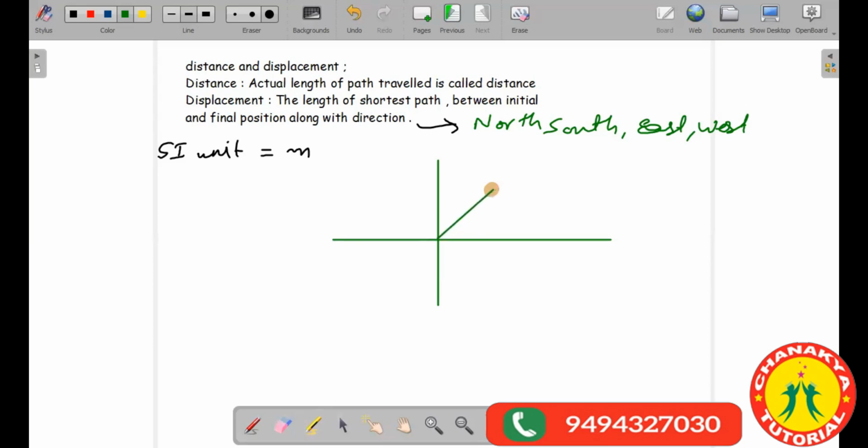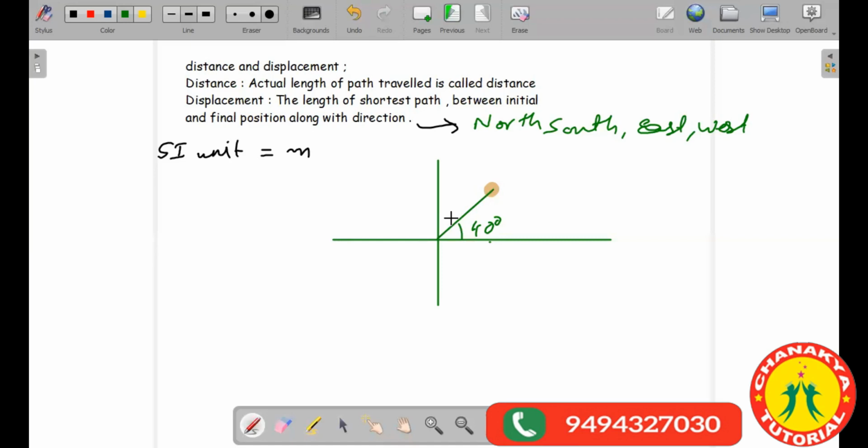I can say that the object is making an angle of 30° or 40° with the x-axis. So direction can also be specified with the help of angle. But this concept, specification of the vector with the help of angle, is not for your class. For your class, it's not there, but we can specify the directions in a better way with the help of angles.